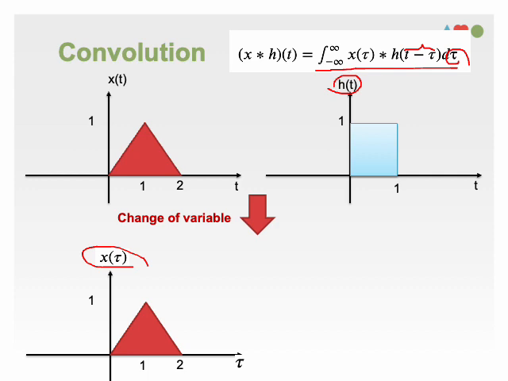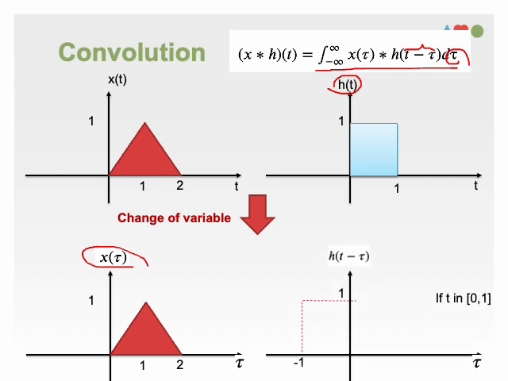To obtain h(t minus tau), we first flip the kernel h(tau) with respect to the vertical axis. This flipping is represented by the red dashed lines in this figure. After flipping, we then shift h(minus tau) by t to get h(t minus tau).